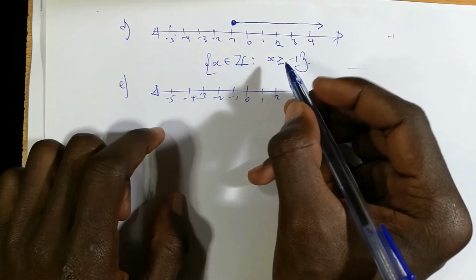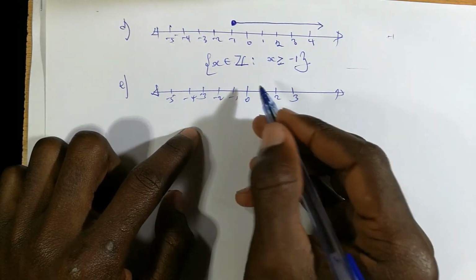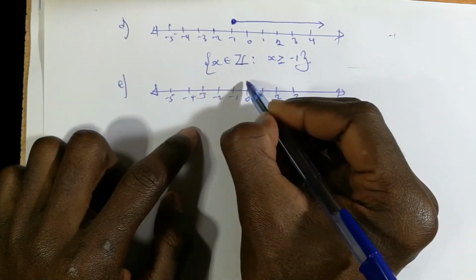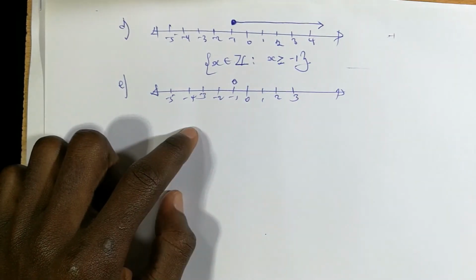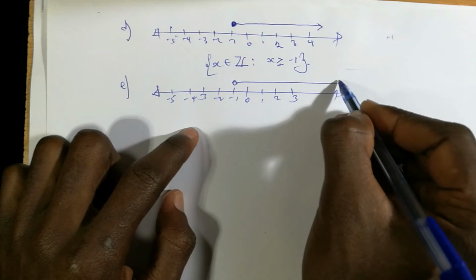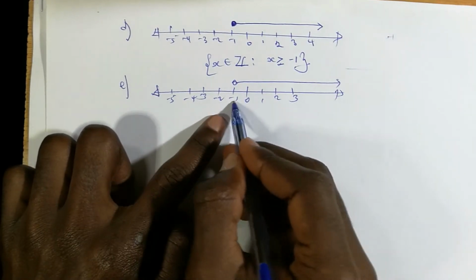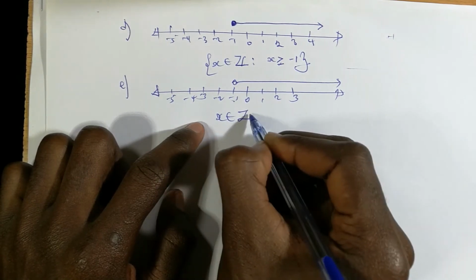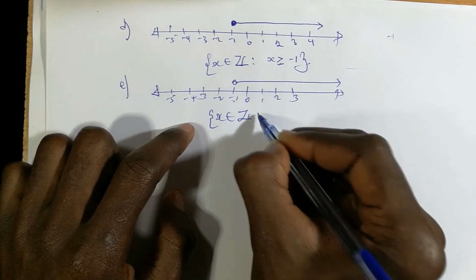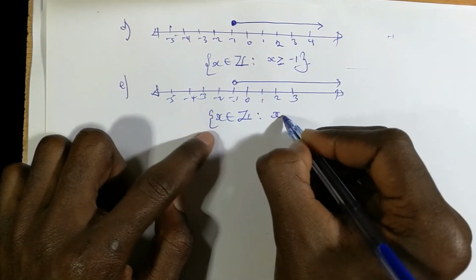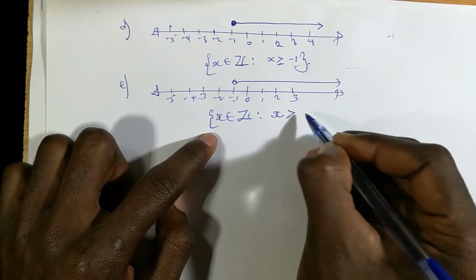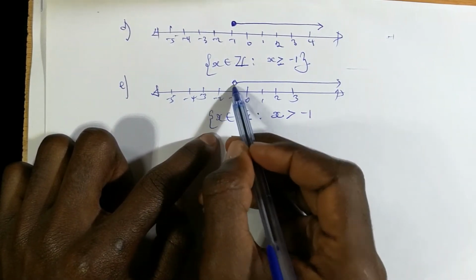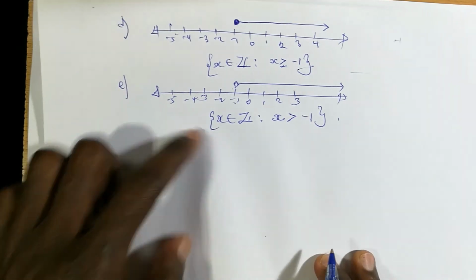Now let's say you have an open circle on -1 again, but still stretching that side. You see, this time you're going to exclude this, so we need to write our solution set as x being greater than -1.